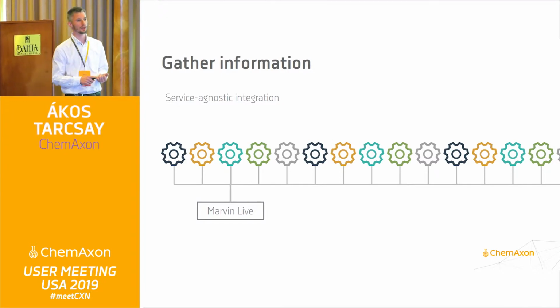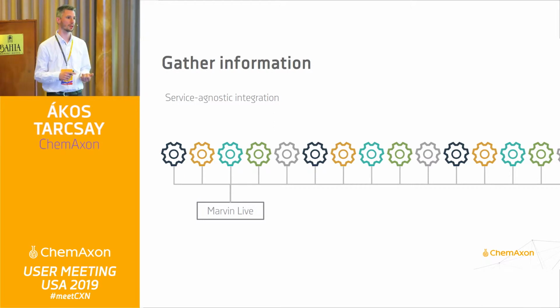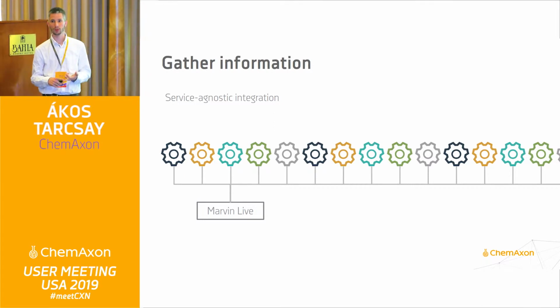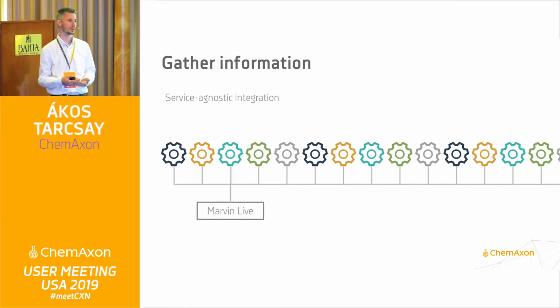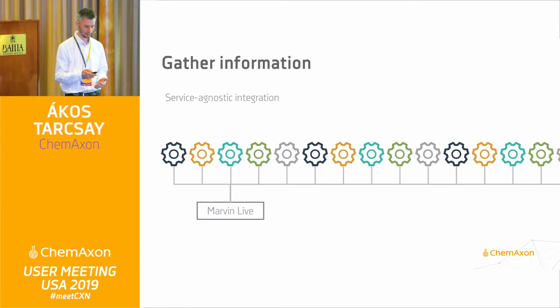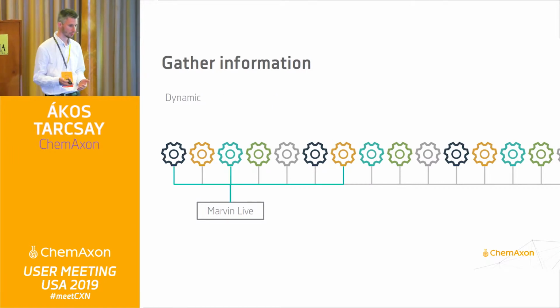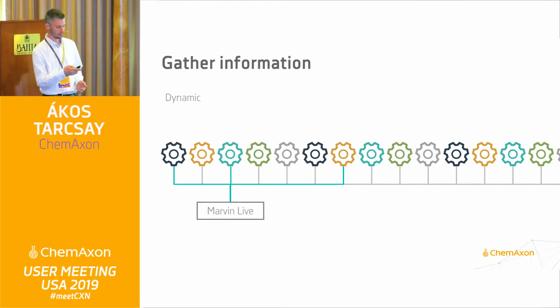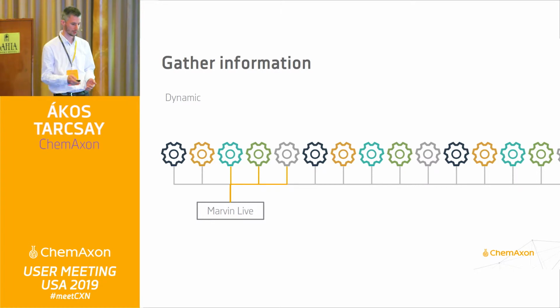And these plugins can call REST APIs, can execute command line, can search through SQL. So there are a bunch of possibilities to communicate with your existing services in your system. And what does this dynamism mean? That you can select a given subset of these plugins when you are designing.